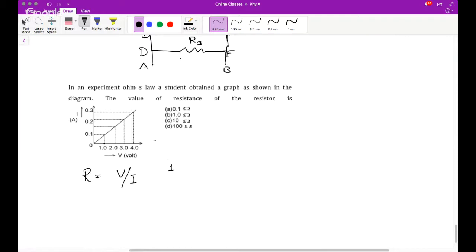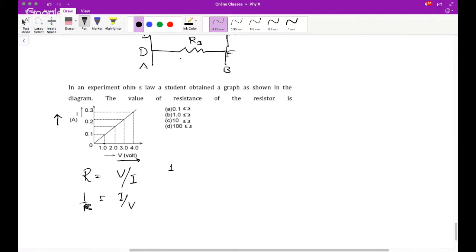Or you can also find out through slope. How do I find out? R is nothing but the slope of the VI curve, or 1 by R is the slope of the IV curve, whichever way you want to look at it. So this is I here, and this is V. This is how the VI response curve will be given.